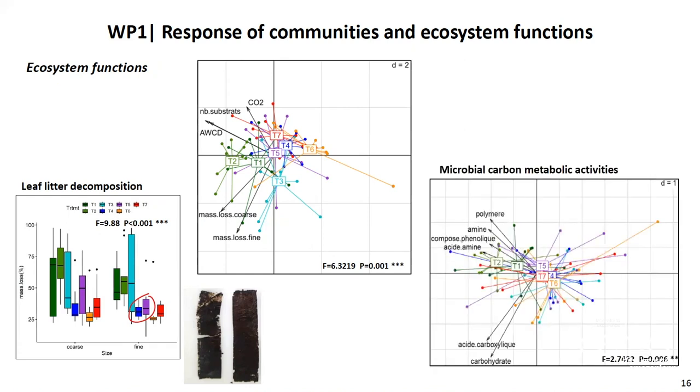Finally, concerning microbial carbon metabolic activities, we had a strong effect of treatment, and mainly for deforestation. This is the dot in light blue. So this result suggests that the microbial community has changed with the deforestation.